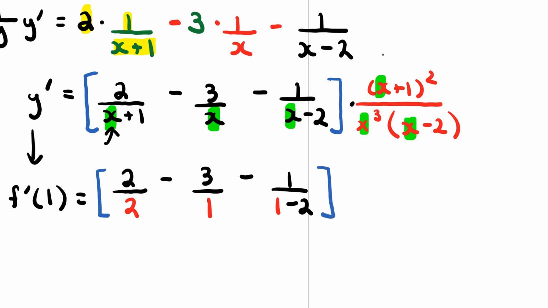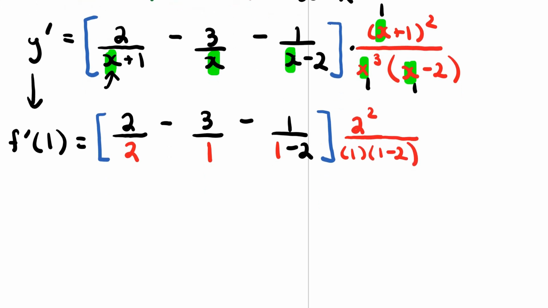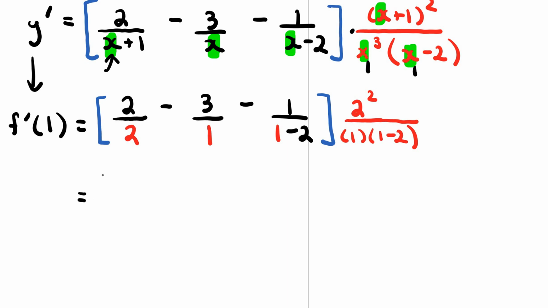And then over here, if I substitute 1's here, here, and there, 1 plus 1 is going to be 2, so we have 2 squared on the numerator divided by 1 cubed is 1, and then 1 minus 2.